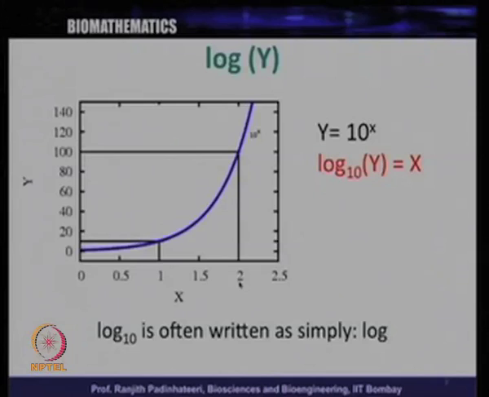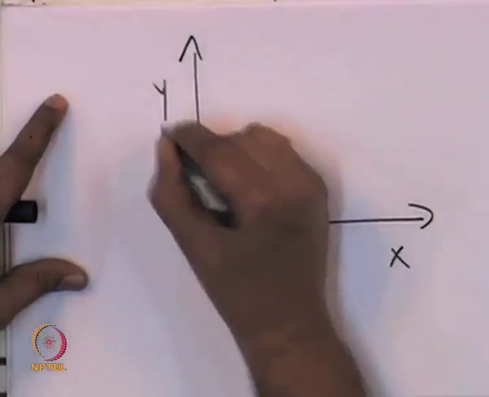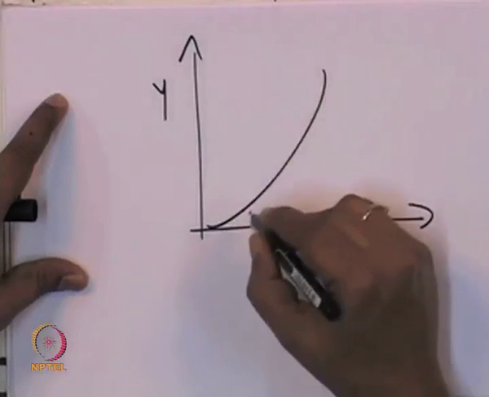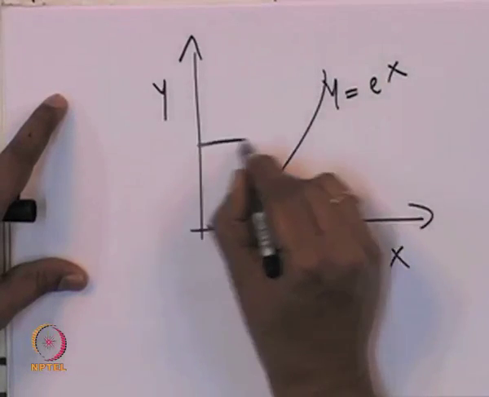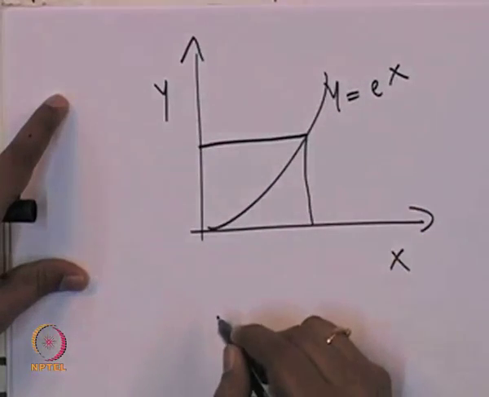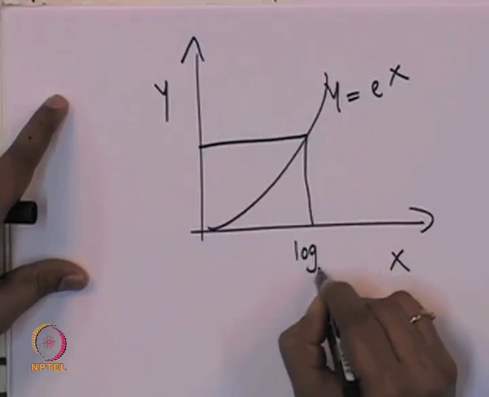Similarly, you could ask this question: instead of this 10 power x as the base curve, if you had e power x as the base curve, what will be the corresponding x value? So, let us say instead of 10 power x, you had, so this is x, this is y, this is y equal to e power x, and if you take a y value and calculate the corresponding x value, this is also a logarithm, but you call it log to the base e.